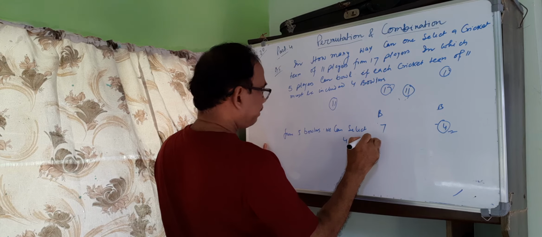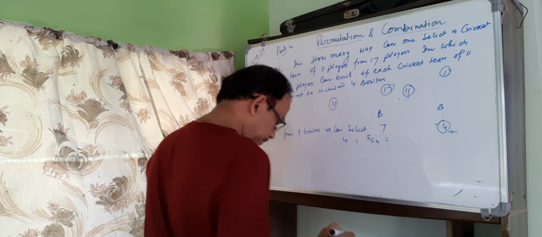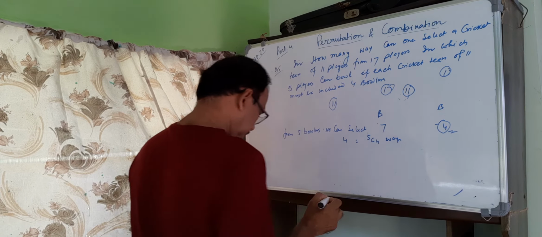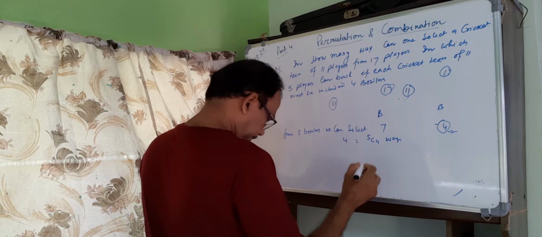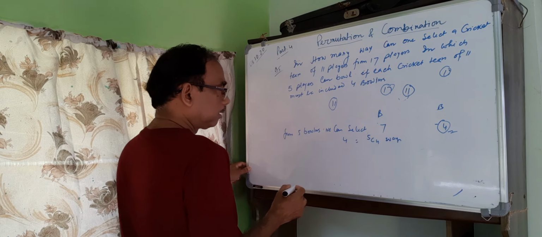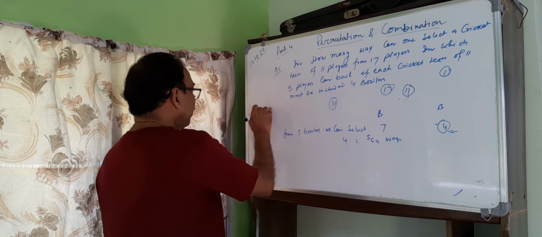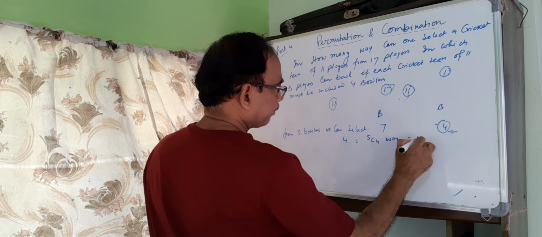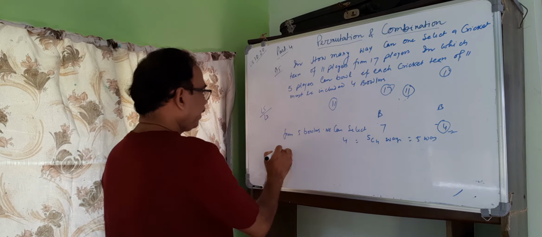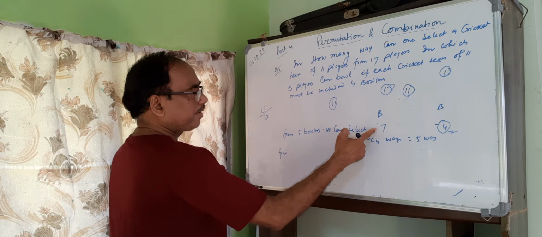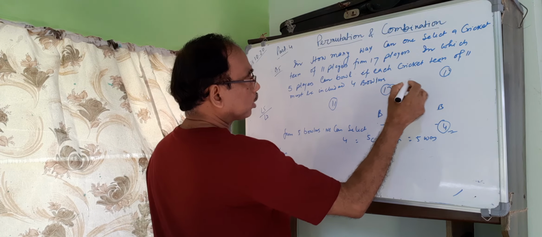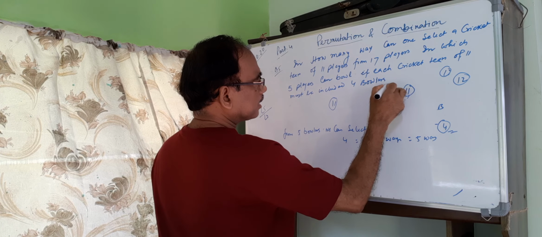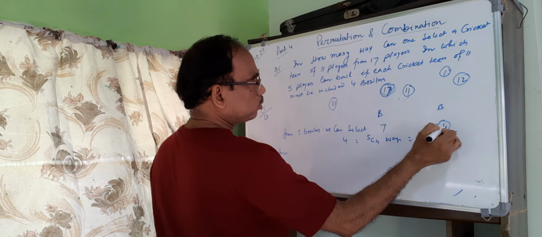That can be done in 5C4 ways. 5C4 means factorial 5 by factorial 4, that is 5. And from the remaining players, because the total players at first is 17 and from 5 we have chosen 4, the remaining is 12.